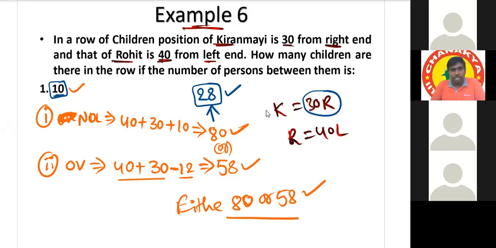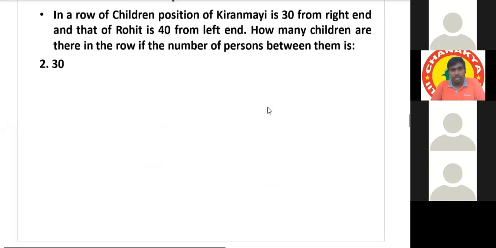For the same information, now the persons in between is 30. Between 30 and 40, the least number is 30, minus 2, is 28.